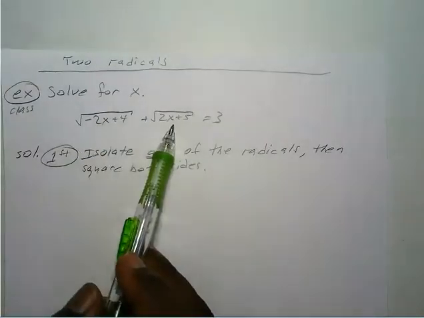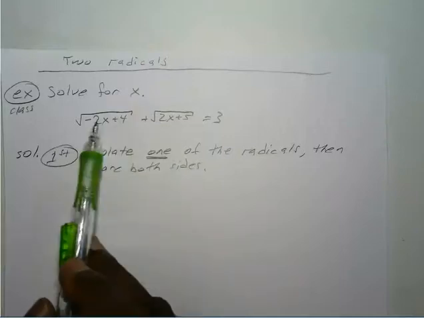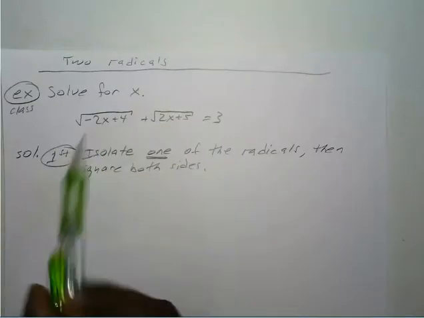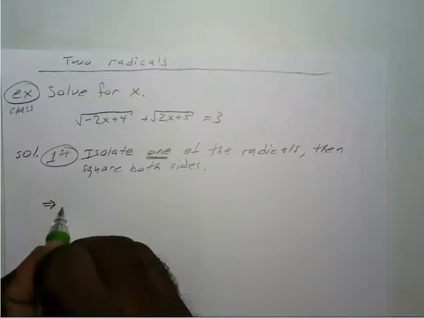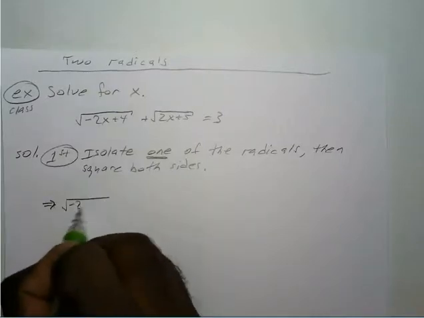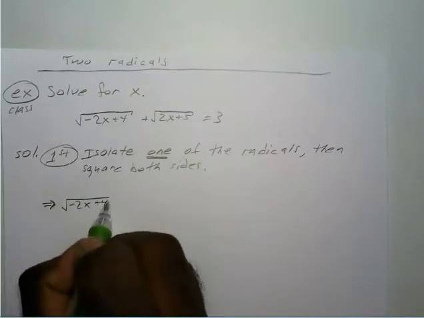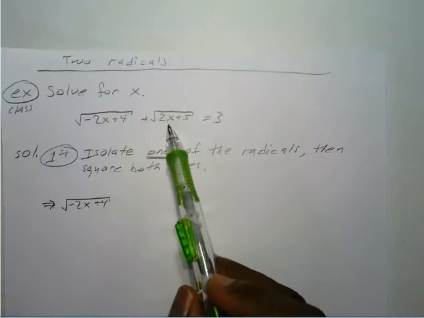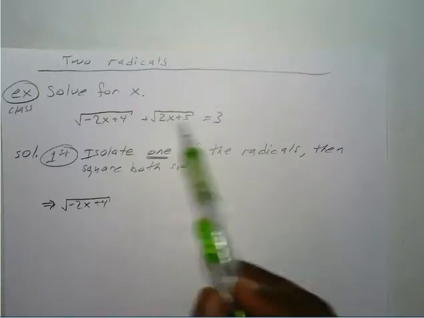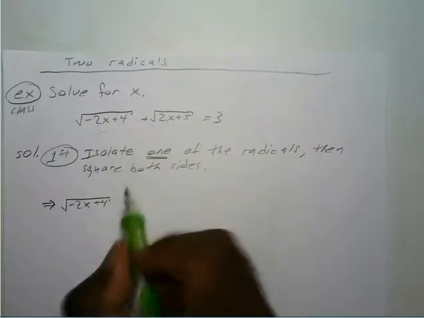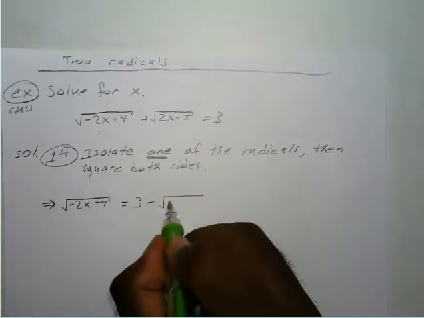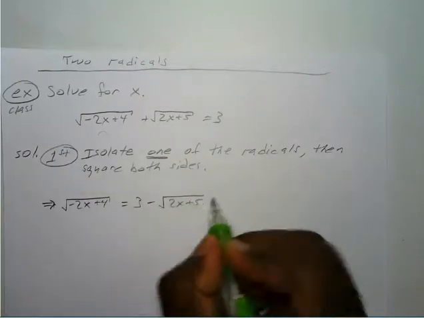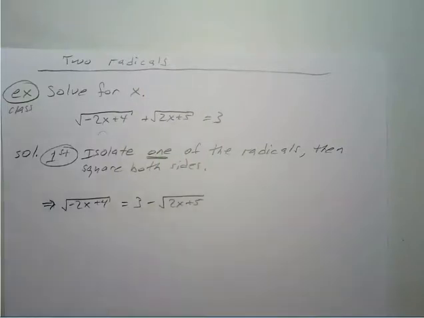You can isolate the square root of 2x plus 5 if you want. I'm just picking this randomly. Okay, so we have the square root of negative 2x plus 4. So if we subtract the square root of 2x plus 5 from both sides, that will equal 3 minus the square root of 2x plus 5. So all we did was subtract that from both sides.